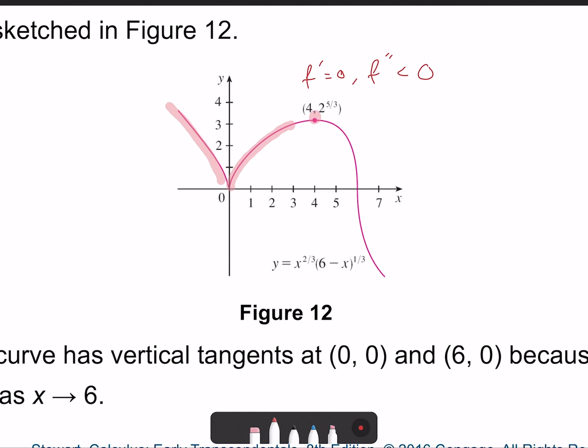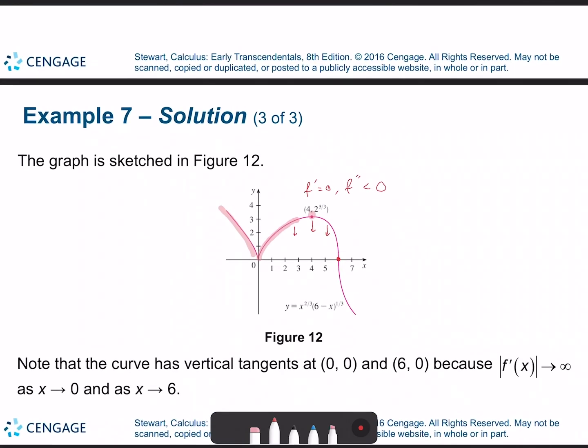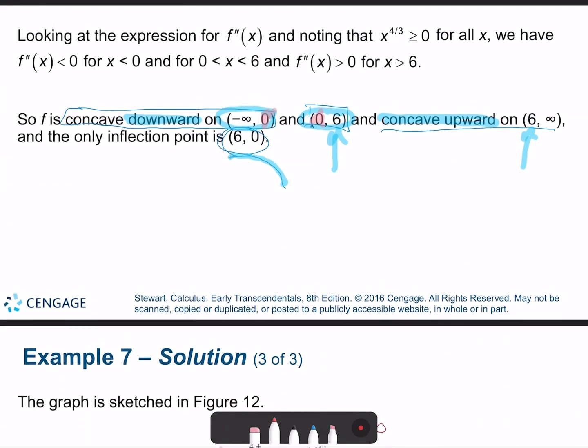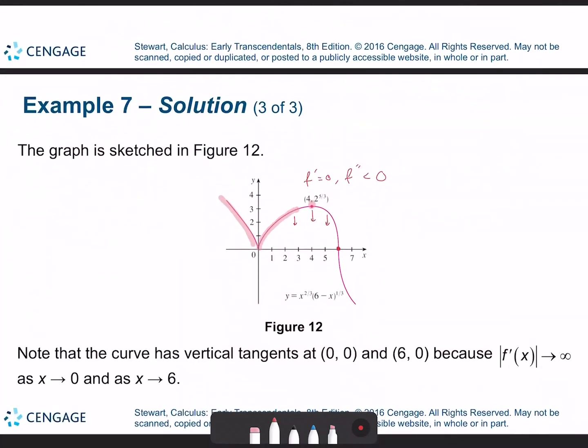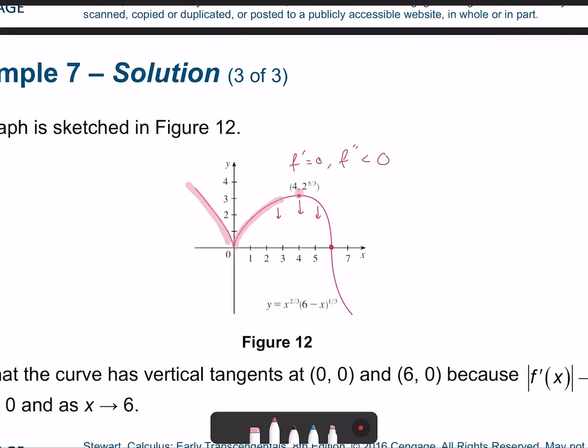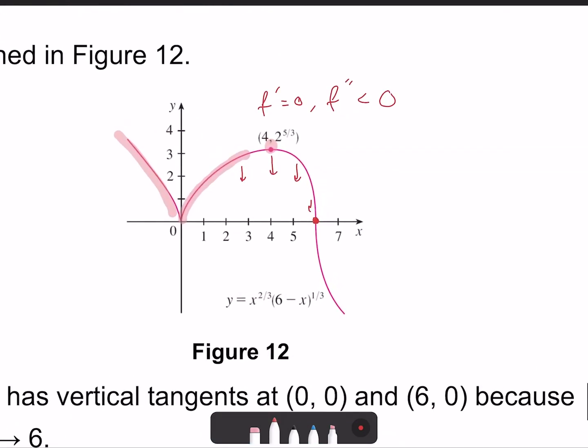In other words, concave down at that point. So we were concave down here, and we're concave down here. And then there's our other inflection point, which happens when x is equal to 6. And what's an inflection point? We're changing concavity. Concave down here, concave up here.